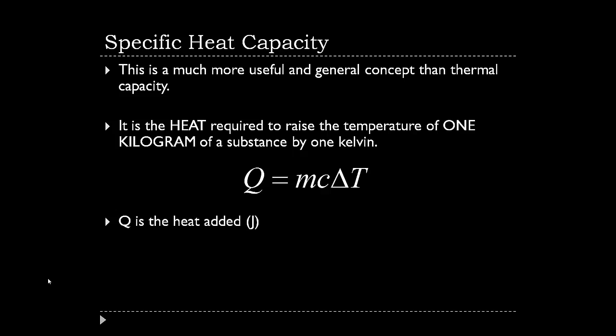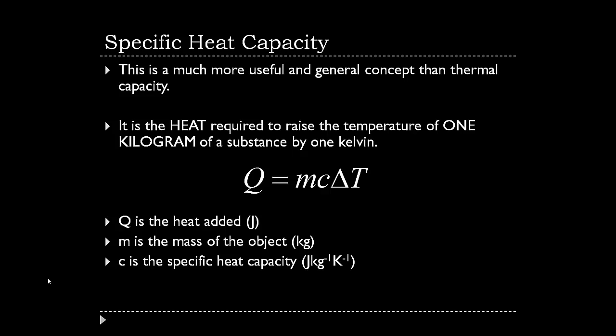So Q is the heat that we've added, m is the mass of the object, and c is the specific heat capacity in joules per kilogram per Kelvin. So c, the specific heat capacity, is the number of joules that we would need to heat up 1 kilogram of a substance by 1 degree Kelvin. And c depends on the type of substance that we have.